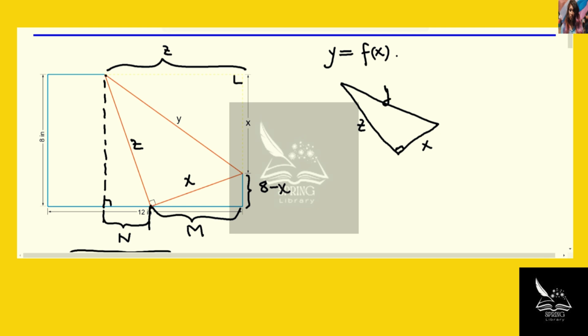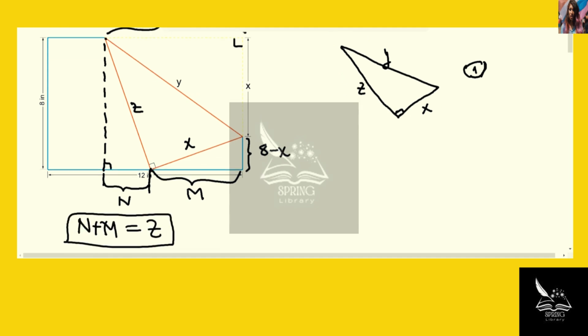The other one, let's call this 1. Then we have the other is this here. So this is like this. This is the right angle, and we have 8 minus x. We have x here as a hypotenuse, and the other side is m. We're going to call it 2.